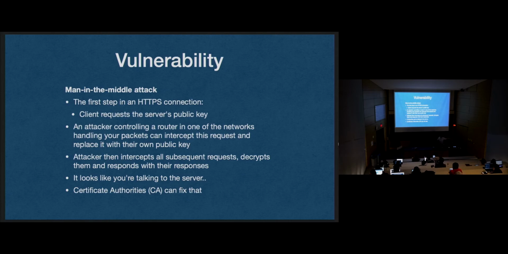You send, give me your public key. The man in the middle says, let me respond with my public key, and sends that to the client. And then when the client says, cool, now we do the key exchange, you're actually talking to an attacker and not the server.